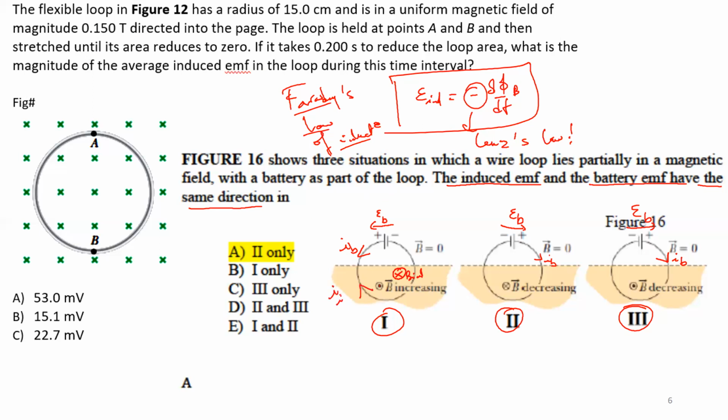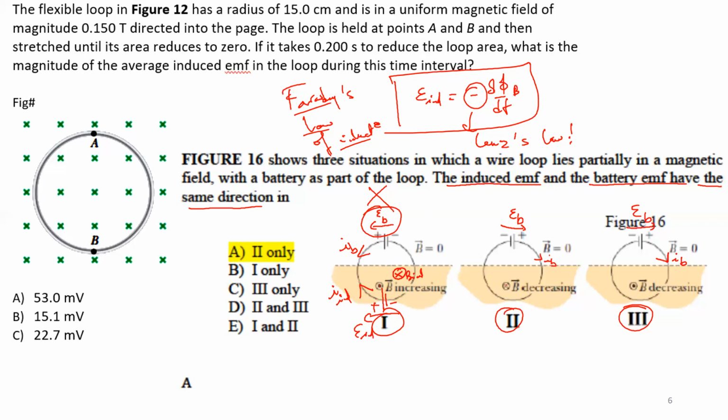So the induced current is opposing the current from the battery. This is not correct, because I want the induced EMF and the battery to be in the same direction. The induced EMF here has minus here and plus here, so E induced is opposing the EMF of the battery. That's not what I want.